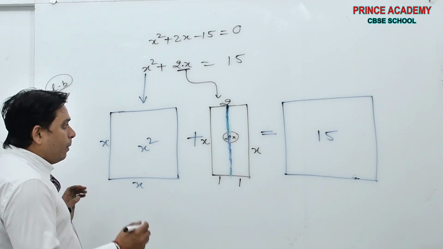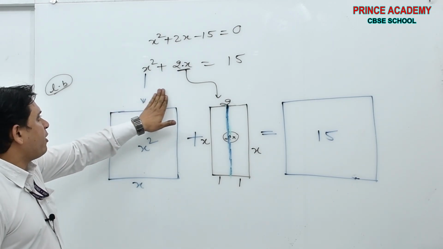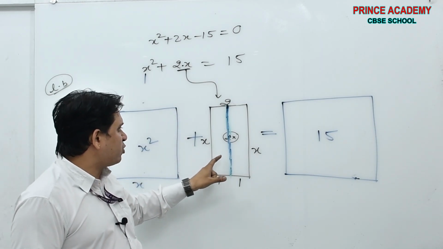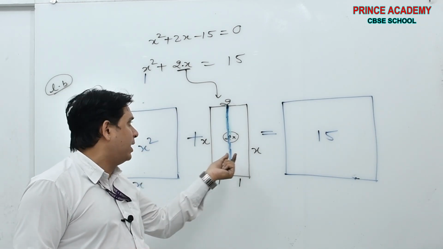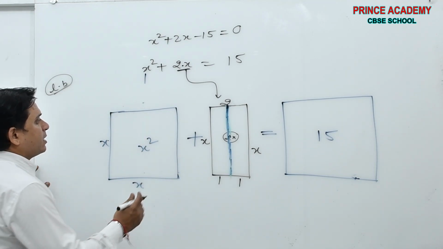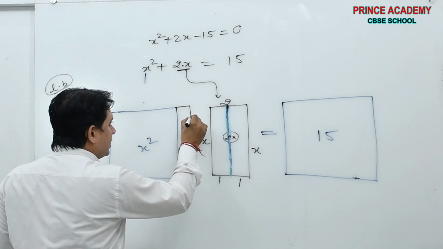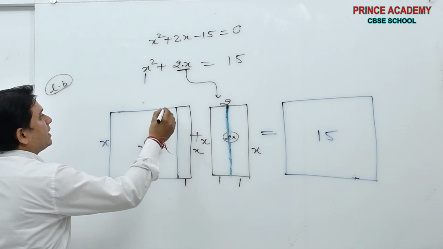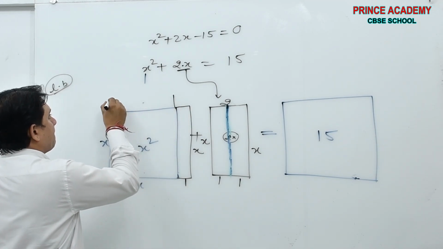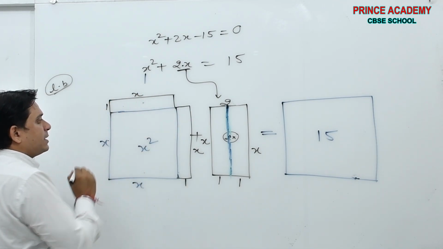Okay. Now see beta, what I am going to do. I will shift this 1x rectangle and this 1x rectangle with this square. Like this. Suppose I am adding here this. This is 1x and this is 1x. Yes or no?